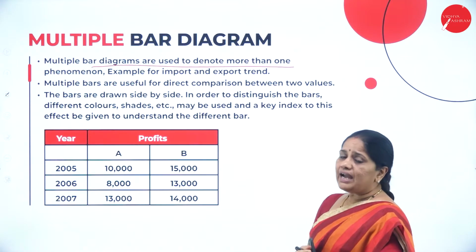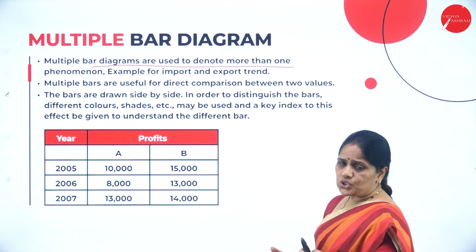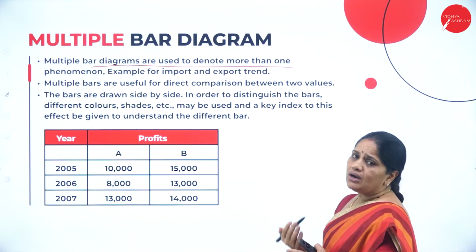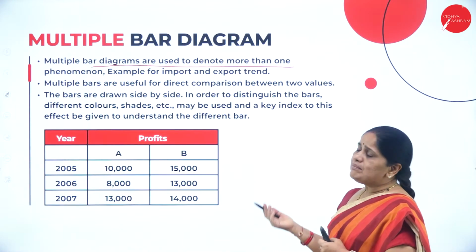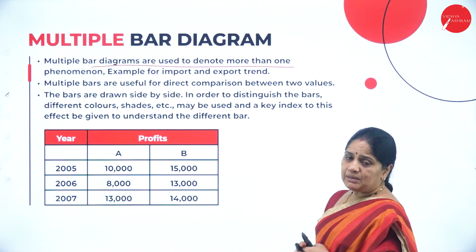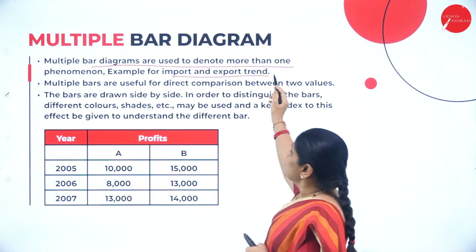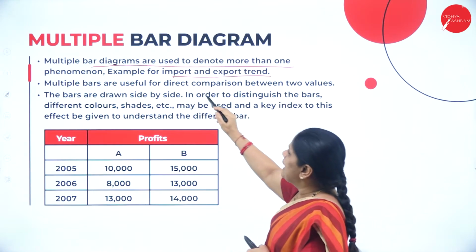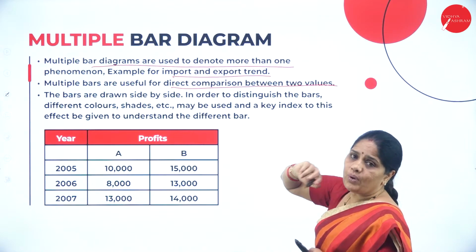But if I have to show anything other than profits, such as the sales or the demand or the supply, more than one phenomenon, then I may have to use the multiple bar diagram. For example, import and export trend. Multiple bars are useful for direct comparison between two values.